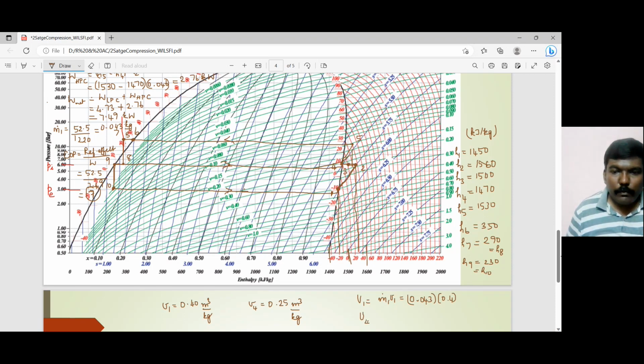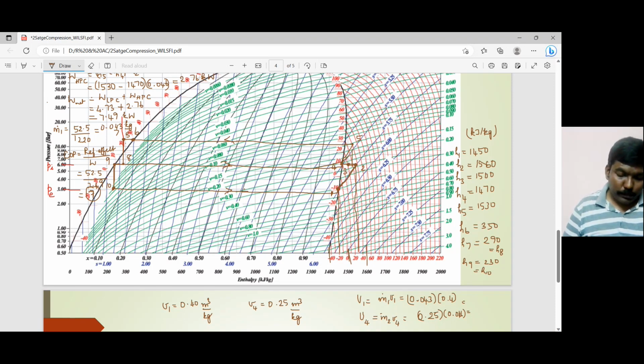And capital V4 would be M2 dot into small v4, because M2 dot is the mass that is entering into the high pressure compressor.